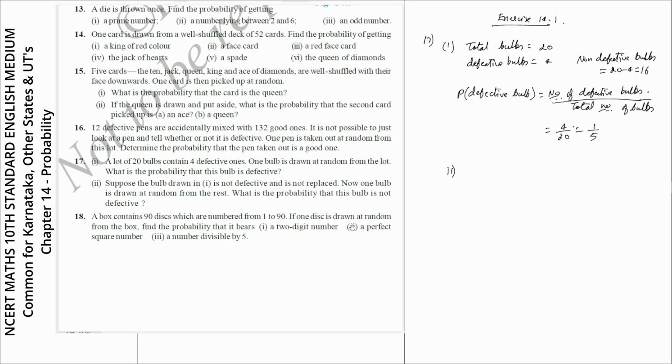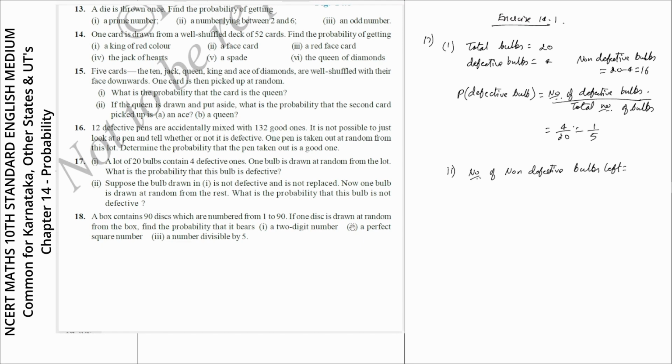Now coming to the second sub question. Suppose the bulb drawn in 1 is not defective and is not replaced. Now one bulb is drawn at random from the rest. What is the probability that this bulb is not defective? So after situation 1, what is the number of non-defective bulbs left?